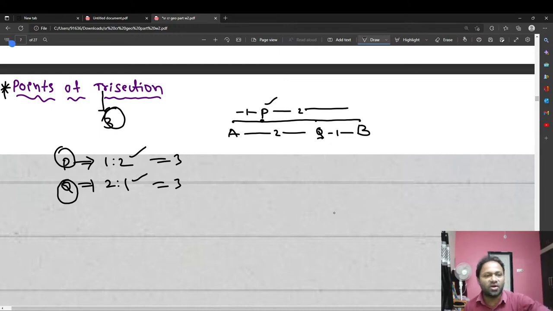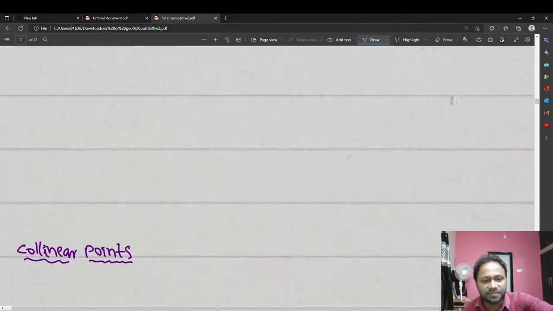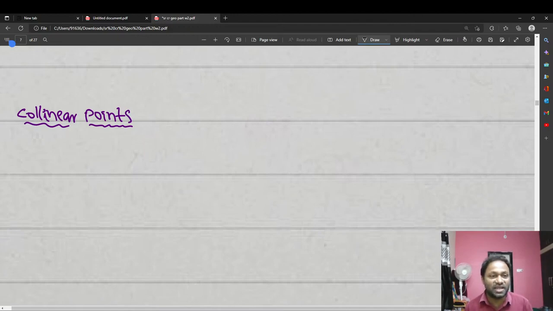Now we are going to do one more concept, collinear points. Plenty of questions will be asked based on collinear points. I think you know collinear points. What do you mean by collinear?